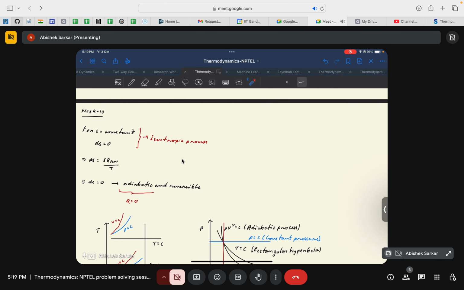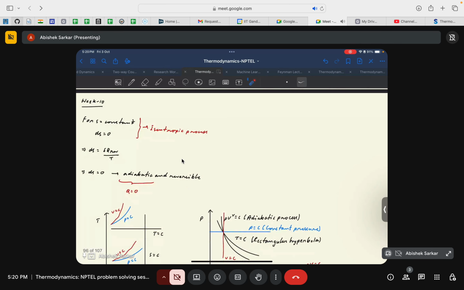But we tried to take the aid of these TS plots to make you understand different thermodynamic processes. Since we have now formally introduced entropy, we also discussed the TS plots in the last lecture, if I remember properly, for the Carnot cycle. So we'll continue to use that in the later part of today's session, as well as in the later part of this course.